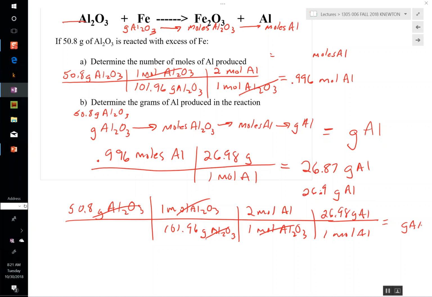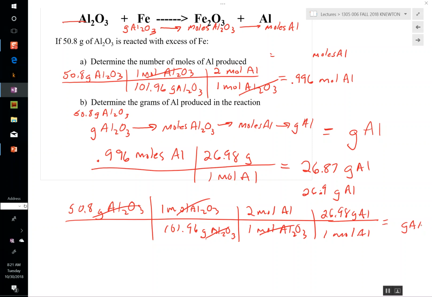Okay, let me introduce one other term here. Theoretical yield. This would be the theoretical yield, 26.9 grams of aluminum. In other words, in theory, or in a perfect world where this reaction went completely to the end, there wasn't any aluminum oxide that didn't come into contact with iron to get reacted.